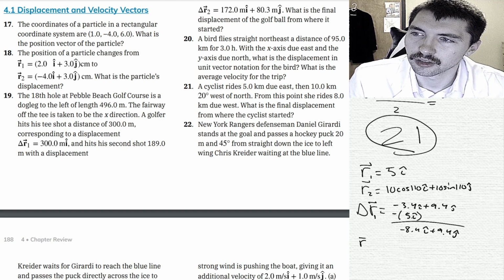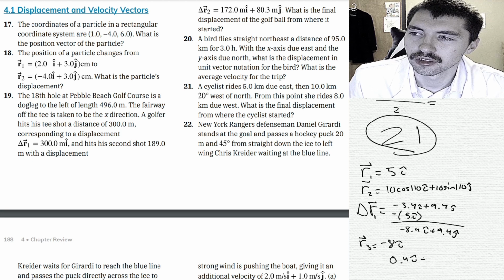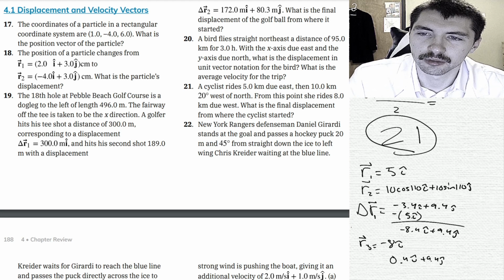Let's say R3 is negative 8 pi. So that would be 0.4. It's 944j. Doesn't seem right either.